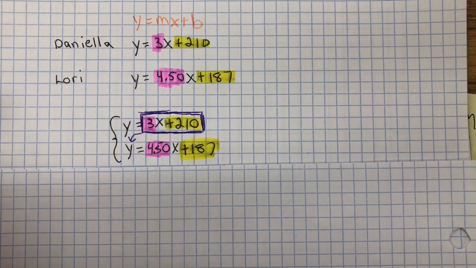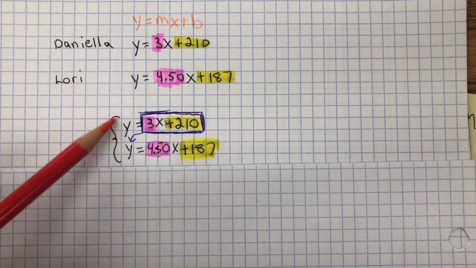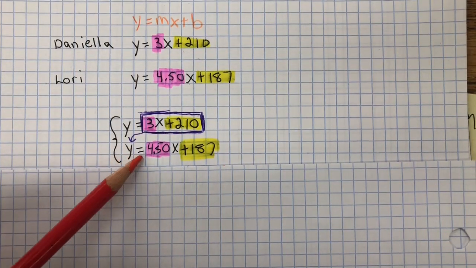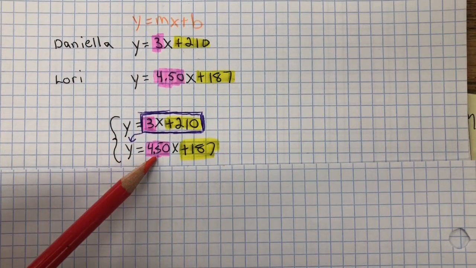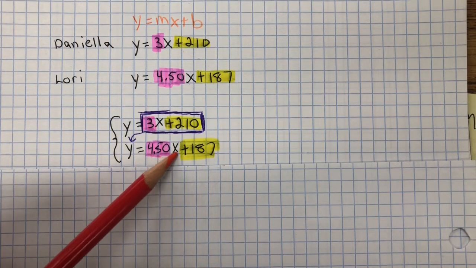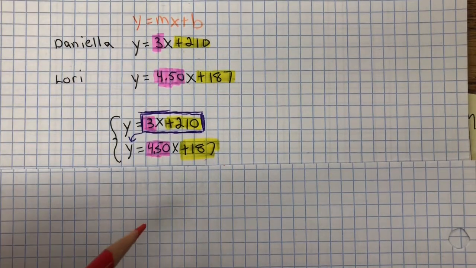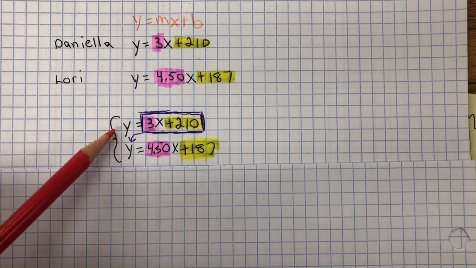Now we're going to set these two equations as a system. So y equals 3x plus 210, y equals $4.50x plus 187. We want to find out when they have the same amount of money.